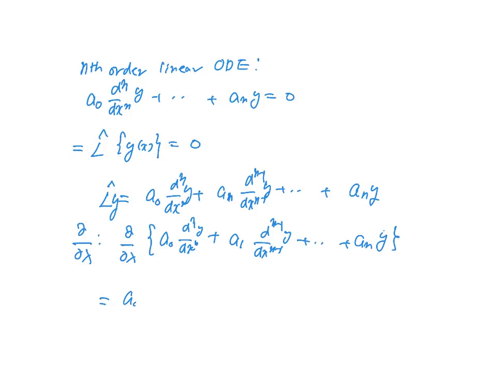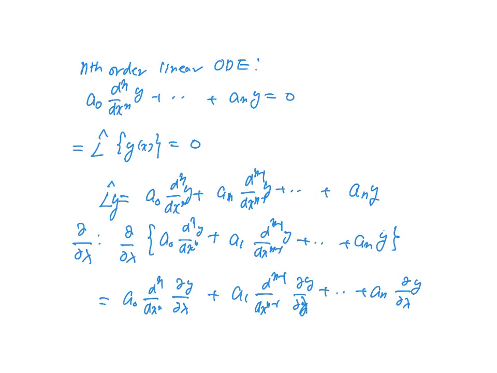So this is a0 d^n/dx^n of partial y over partial lambda, plus a1 d^(n-1)/dx^(n-1) of partial y over partial lambda, up to a_n partial y over partial lambda.